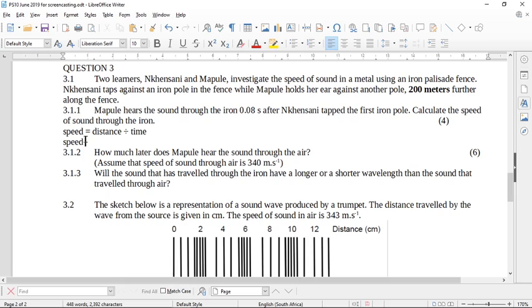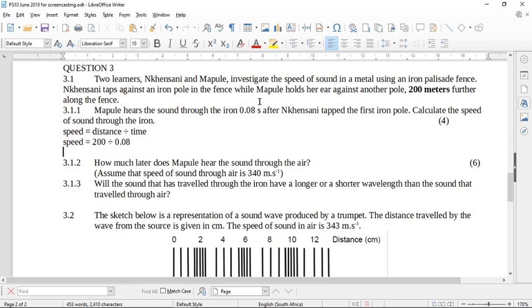So the speed is going to be 200 divided by the time, which is 0.08. And remember we must be in SI units, so this was fine because this was in meters and this was in seconds. So the speed is going to be 2,500 meters per second.